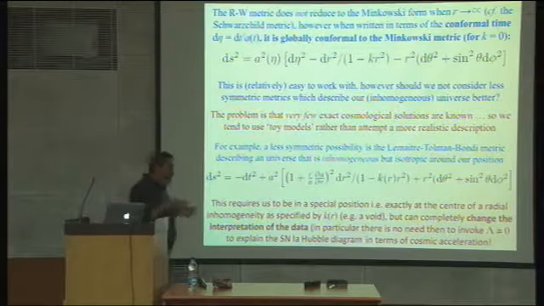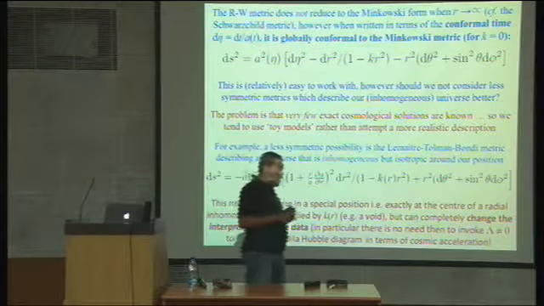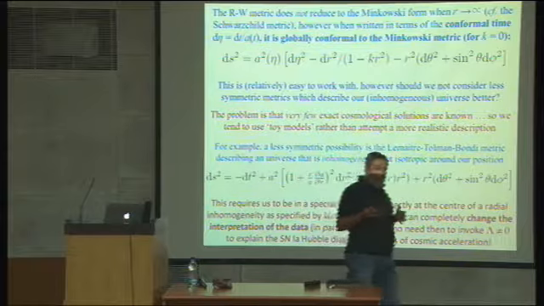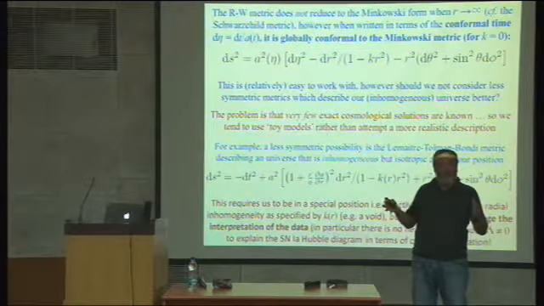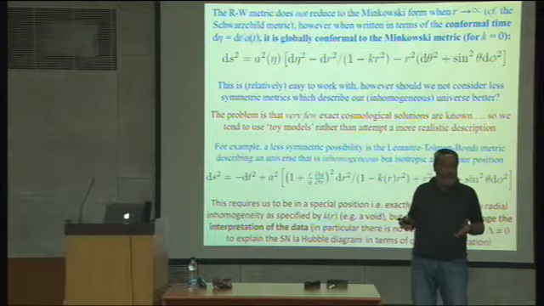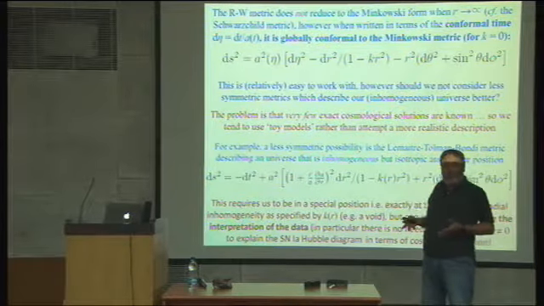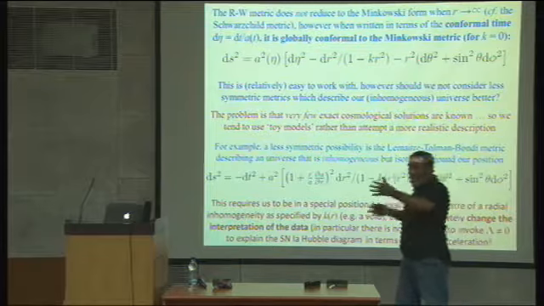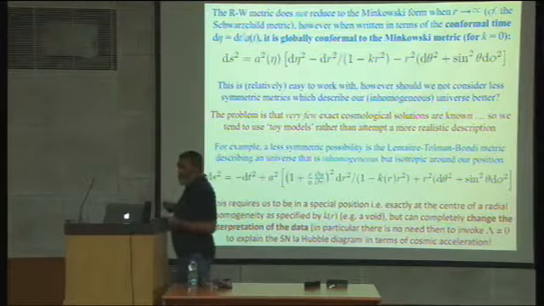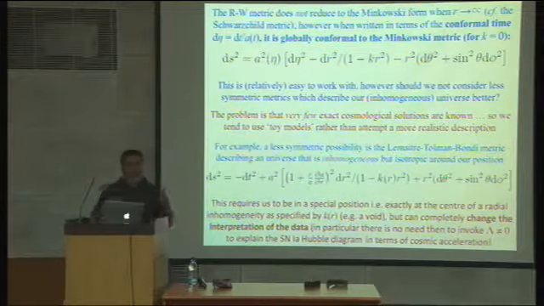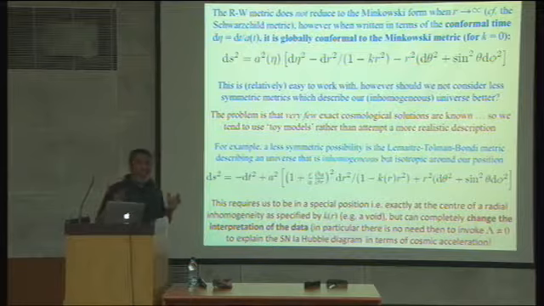People don't like putting ourselves at the center of the universe, but the truth is that we are at the center insofar as, as I've emphasized, we can only make observations from our point in the universe. So by definition there is something very special about where we are, because we can't go somewhere else and make observations. I think some of these objections to considering a metric in which we are at a special point are somewhat disingenuous, because they don't recognize the observational reality that we are constrained to make observations only from where we are.